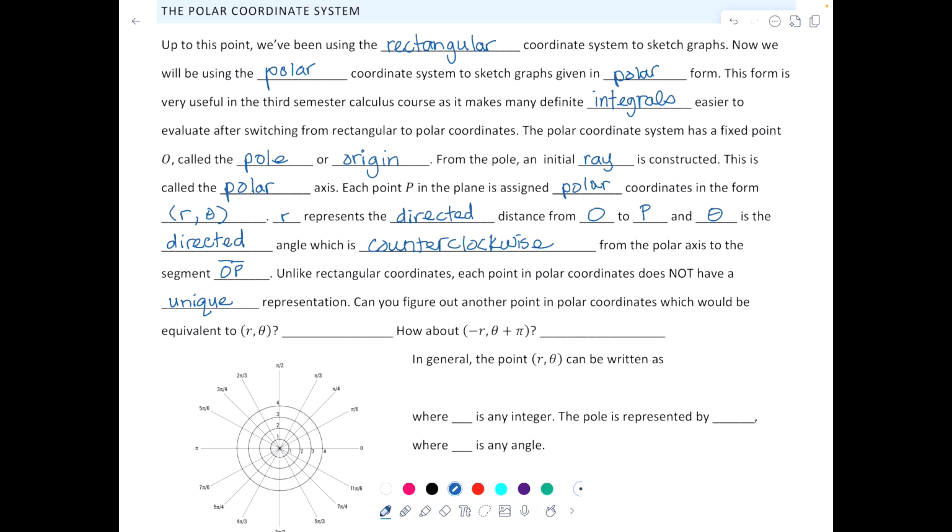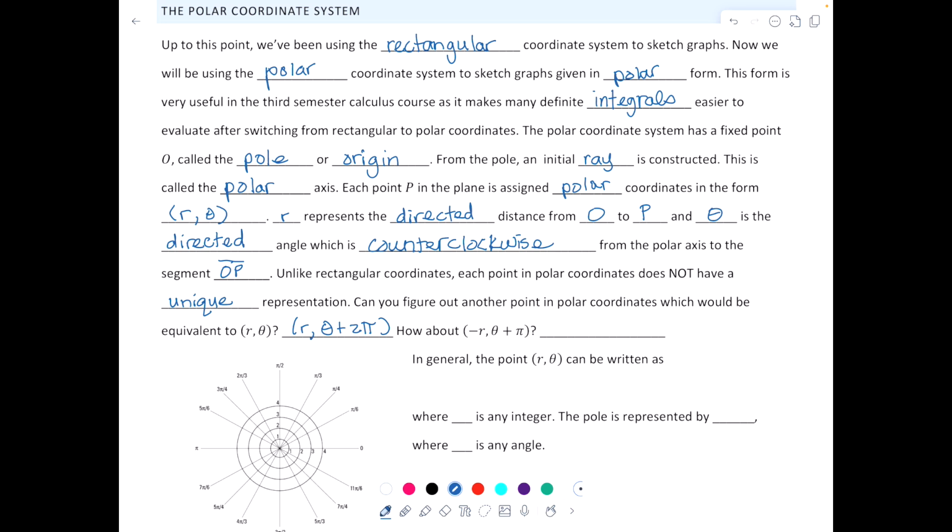And so if you just add 2 pi, you get another point that is equivalent. So (r, theta plus 2 pi) would be the same point as (r, theta).